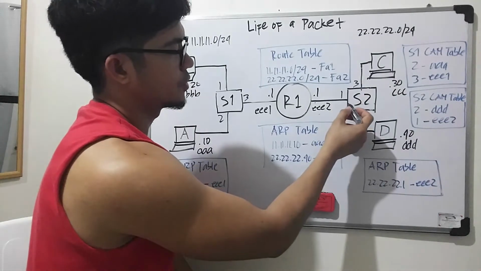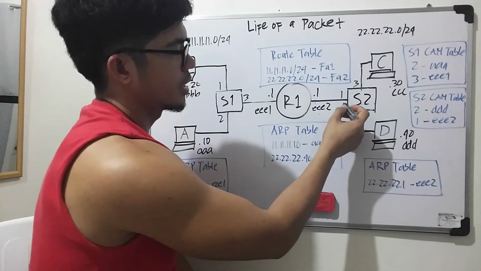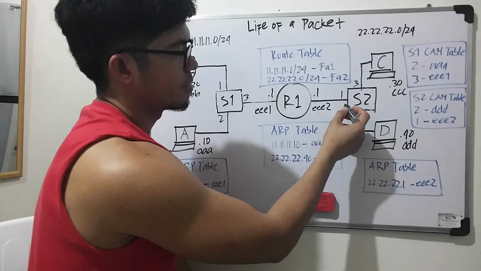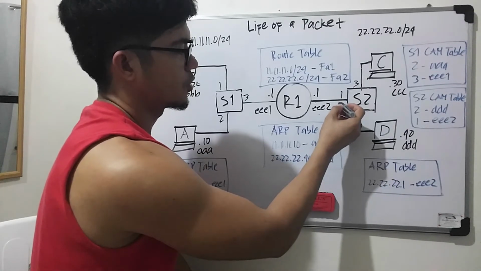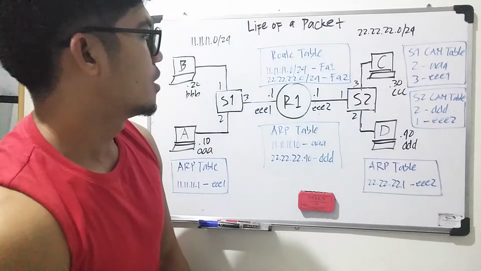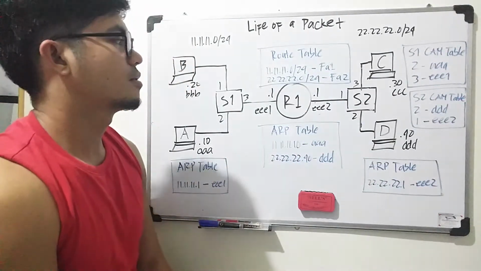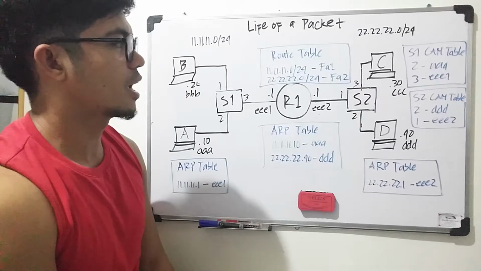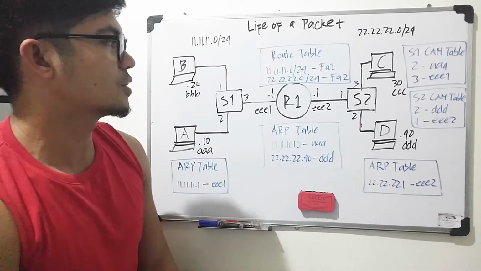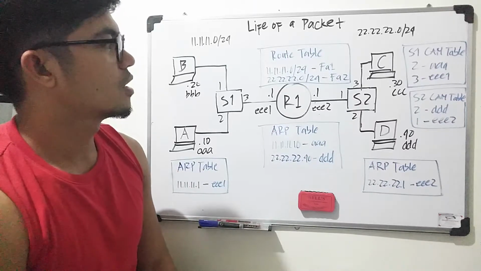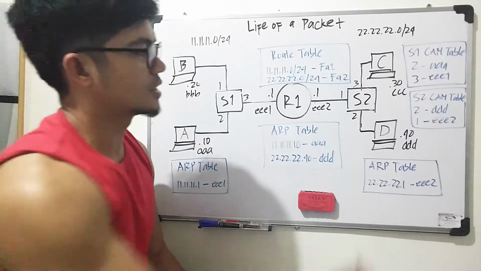So switch 2 is going to forward the ARP response to this port here, port 1, and router 1 will process the ARP response, and it will have all the information that it needs to forward the packet or the data to host D.